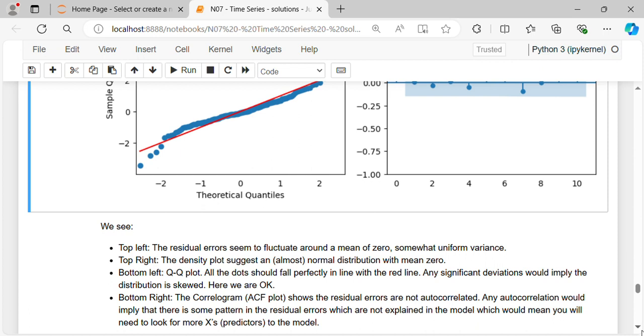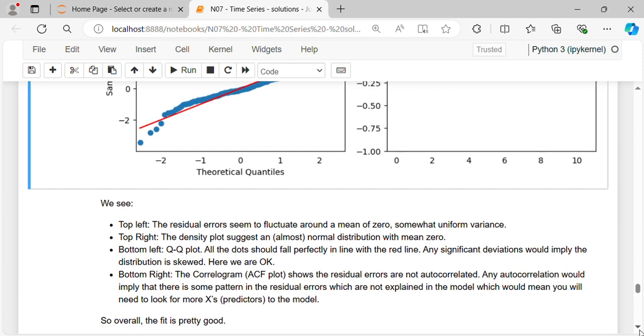Okay, bottom right, the correlogram ACF plot shows the residual errors are not autocorrelated. Any autocorrelation would imply that there is some pattern in the residual errors which is not explained in the model, which would mean you will need to look for more X's, that is predictors, for the model.